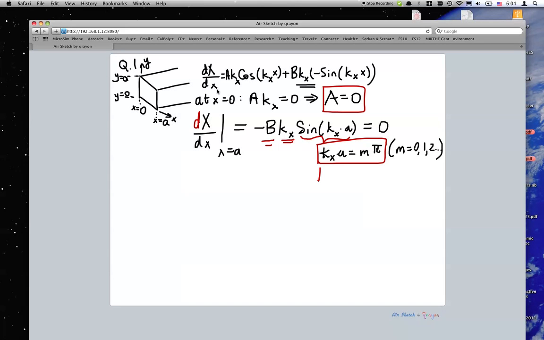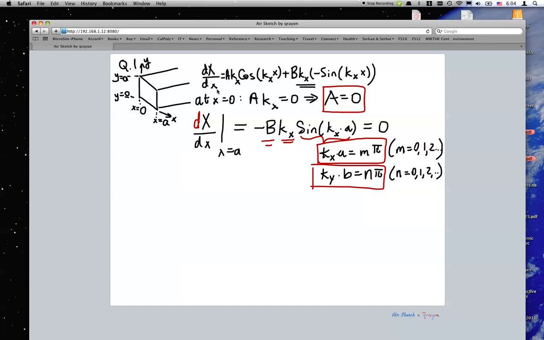Basically, we get ky times b equals n pi, not m, in this case it's called n, and n is again 0, 1, 2, etc. All right, that's our third important condition.